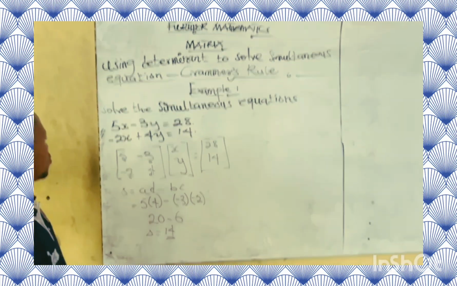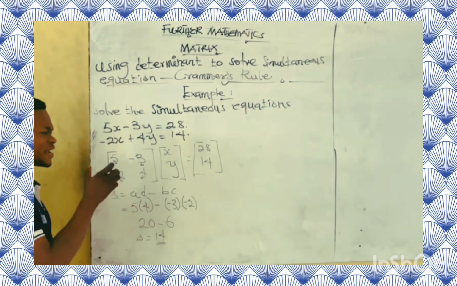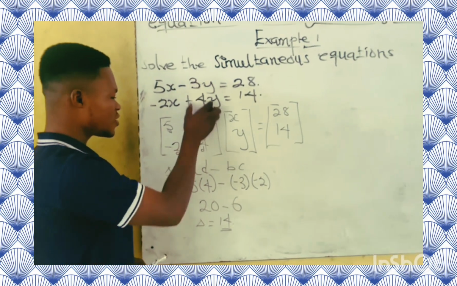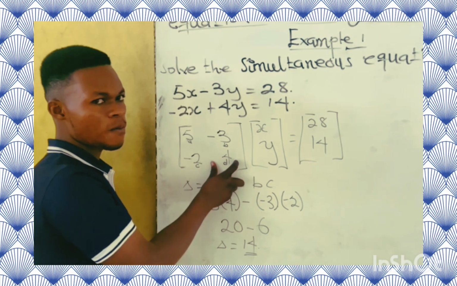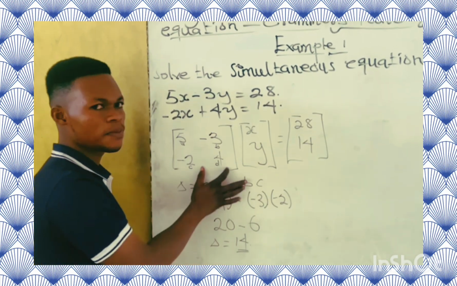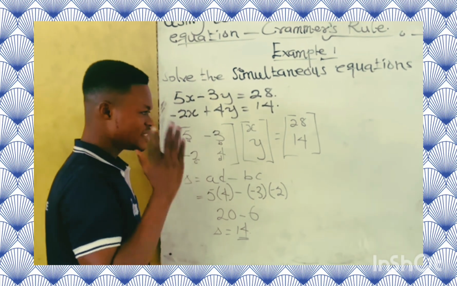To find the determinant of x, you eliminate the coefficients of y, which are negative 3 and 4, and substitute them with the constant terms, 28 and 14. Then you find its determinant.